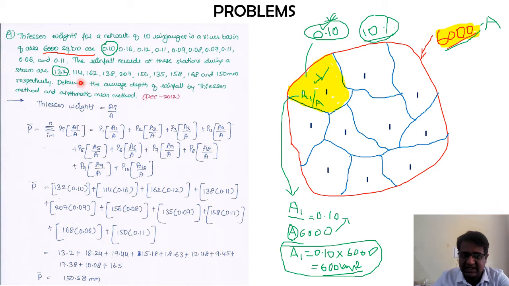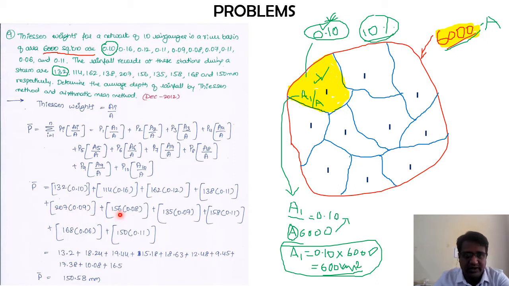Similarly, 162 is the third rain gauge station data collected, and 0.12 is the A3 by A. Similarly the fourth one is 138 into 0.11. Next it is 207 into 0.09.